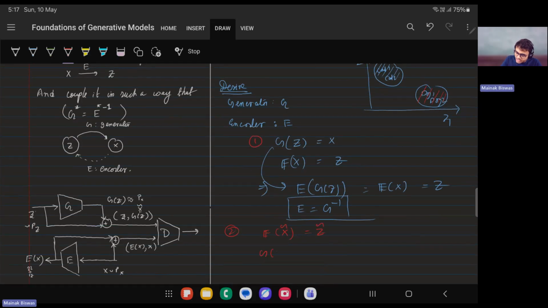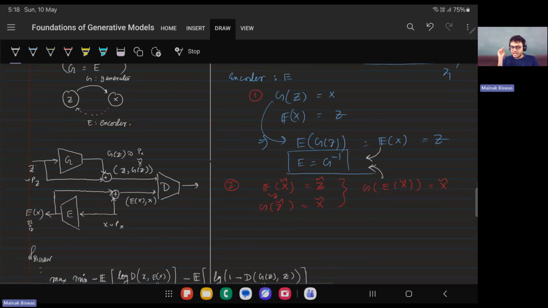I would want G of Z tilde to be equal to X tilde also. So with this as well, the generator of the encoder of X tilde should be equal to X. Both ways it should link to this same equation that I have.